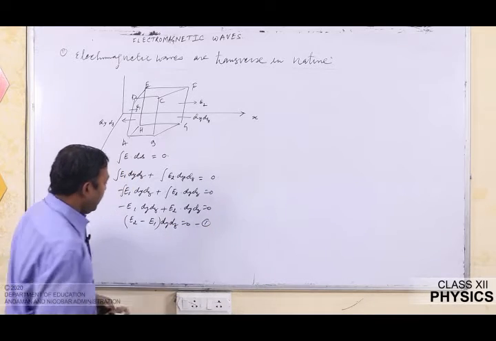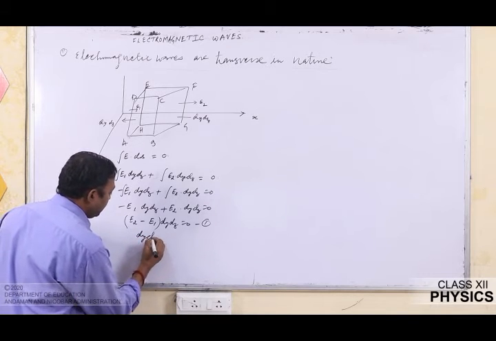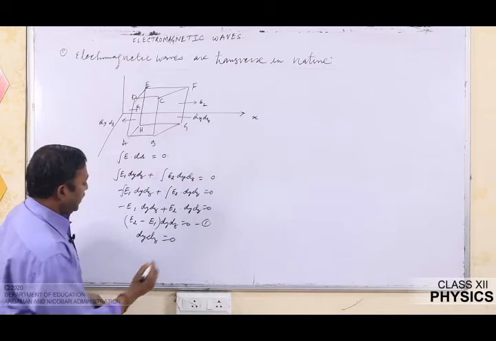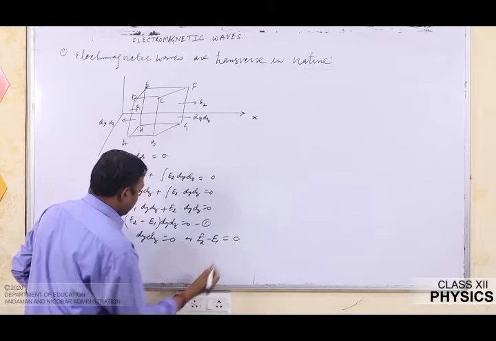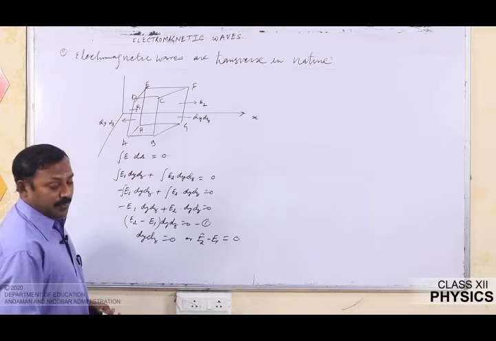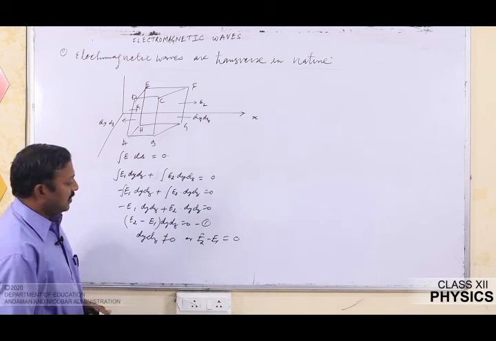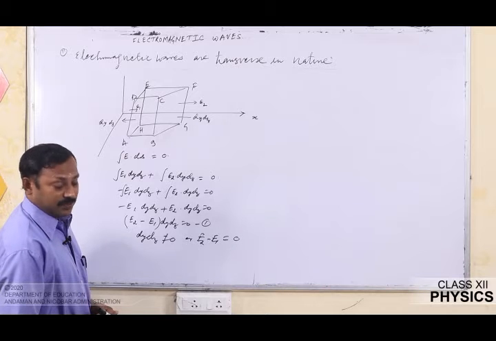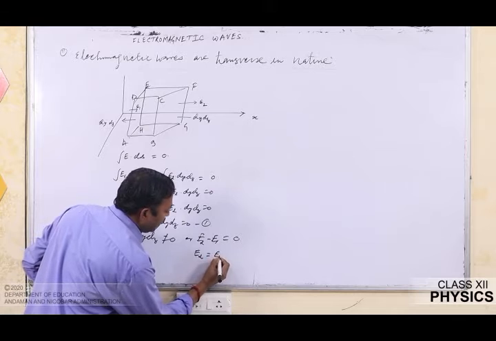Equation 1 implies that either dy dz is equal to 0 or E2 minus E1 is equal to 0. We know that area cannot be equal to 0, therefore dy dz cannot be equal to 0. The ultimate factor which is left here is E2 minus E1 is equal to 0. So, this implies that E2 is equal to E1.